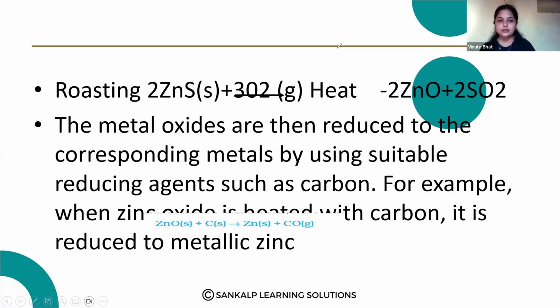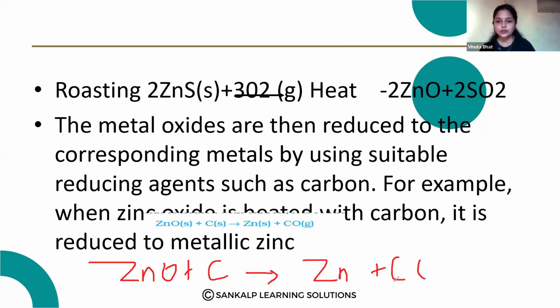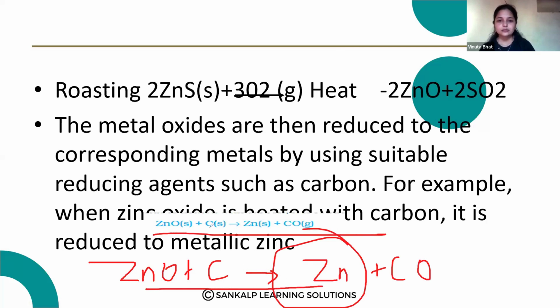The reaction is given here. The zinc oxide which we have obtained is treated with carbon, the reducing agent, which forms zinc and carbon monoxide. So pure zinc is obtained by this process. The equation is given here.